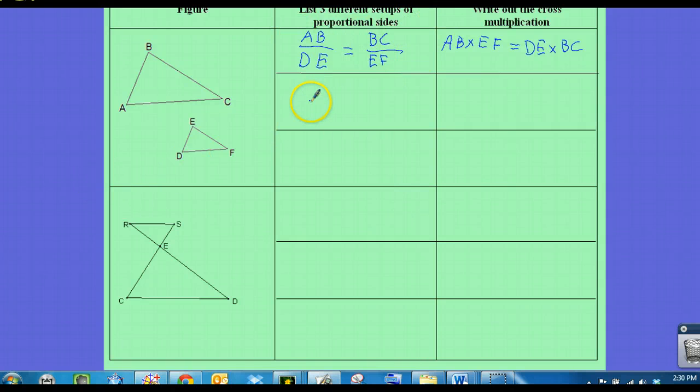So why don't we skip this right now, and I want to shoot down to this example because this is a tough one here. This is set up nicely and oriented nicely. I can see that the corresponding angle to B is E, but I want to really understand this problem because I don't know the corresponding angle to S. But I do see that these lines are parallel.